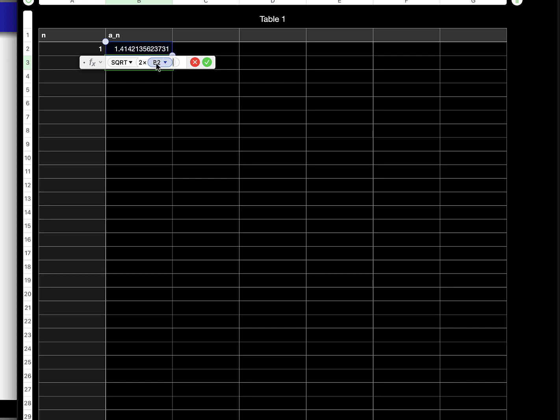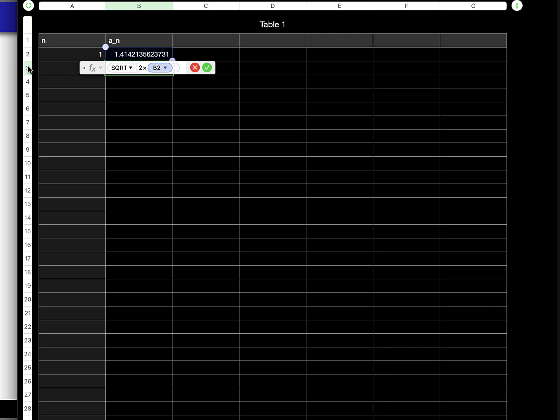So if you never use Excel, this is great for sequences because I can recursively pull in values that have already been computed. And so this cell, which is B, the column, and 2. So I just clicked that value. It's 2 times that. Compute the square root. It's 1.68 blah, blah, blah.